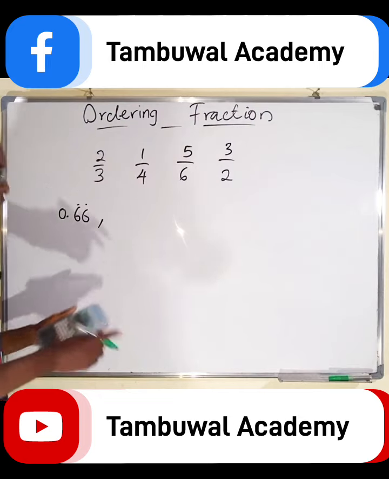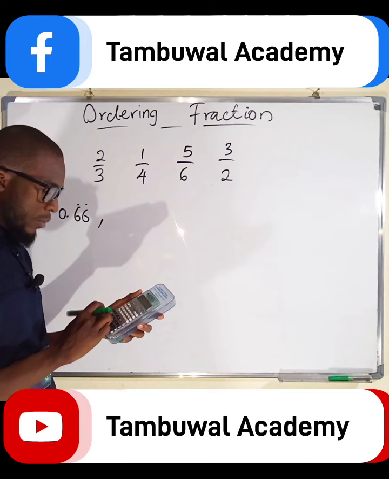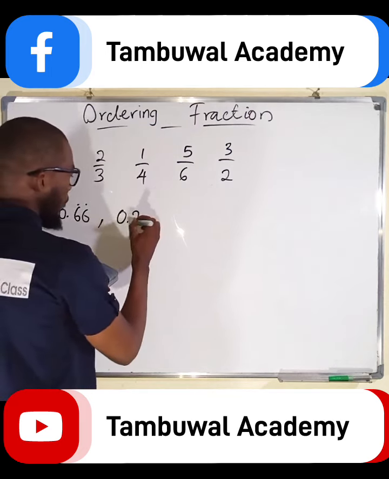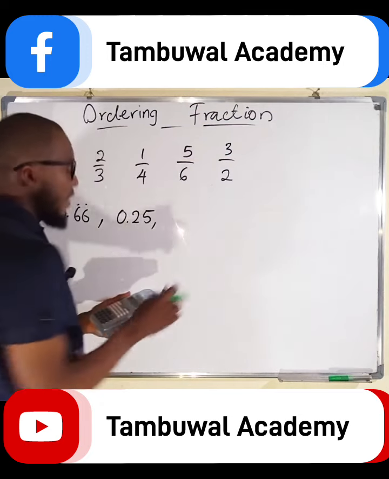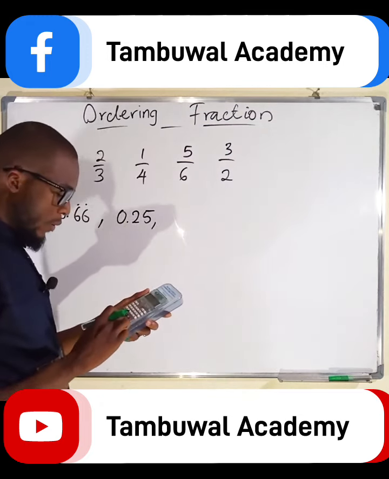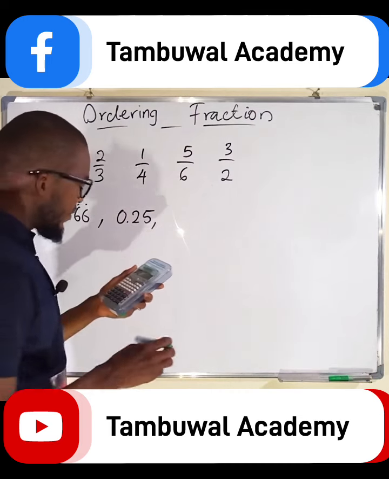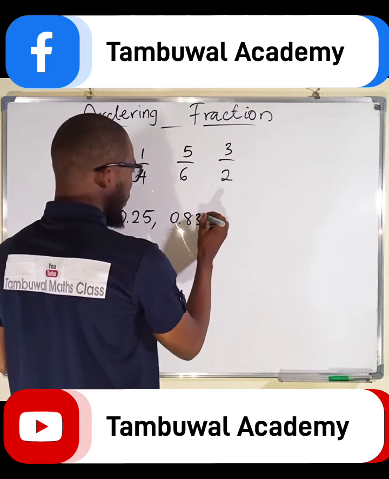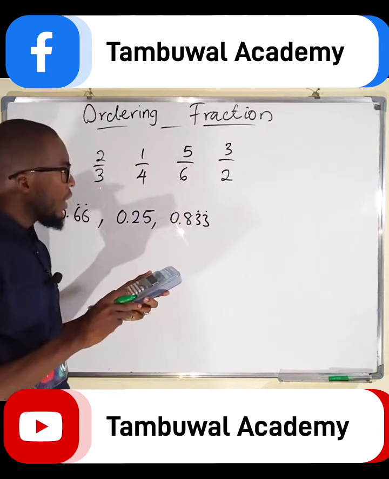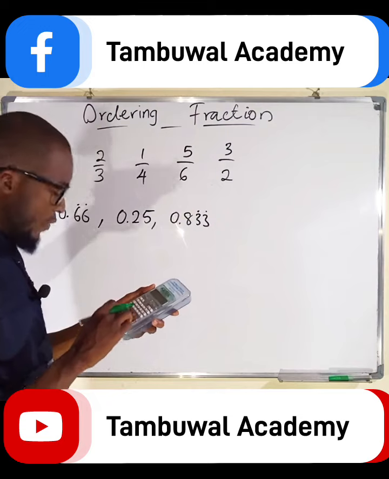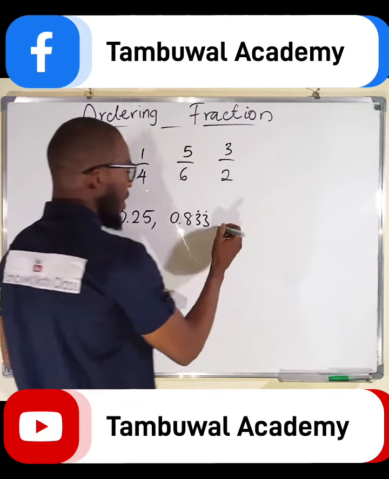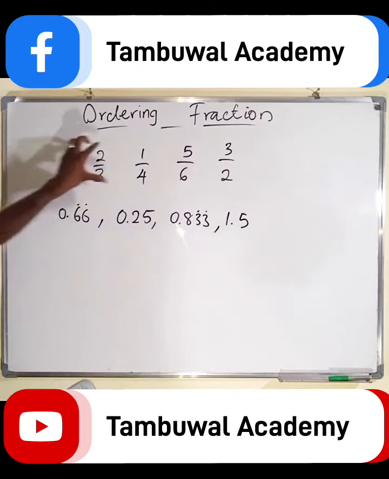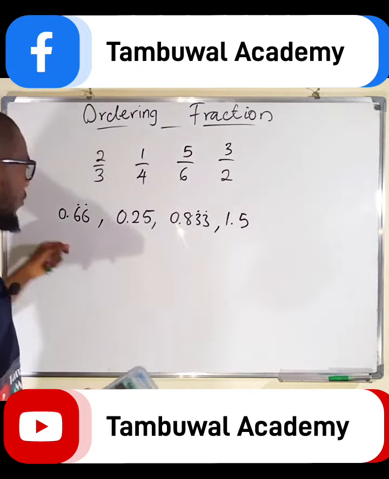And the other one, we have 1 over 4, which is 0.25, 5 over 6, which is 0.833 repeating. And lastly, we have 3 over 2, which is the same thing as 1.5. Now we have transformed all these fractions into their decimal form.